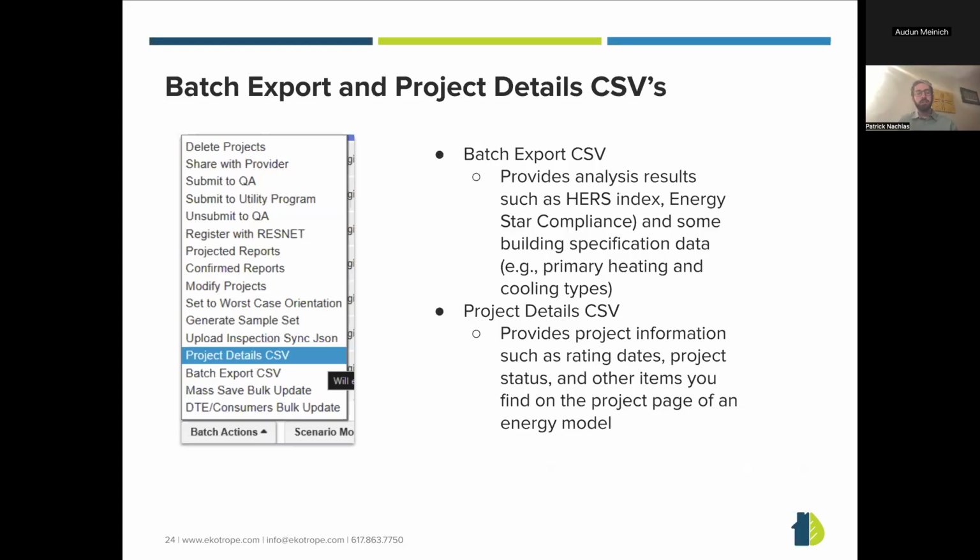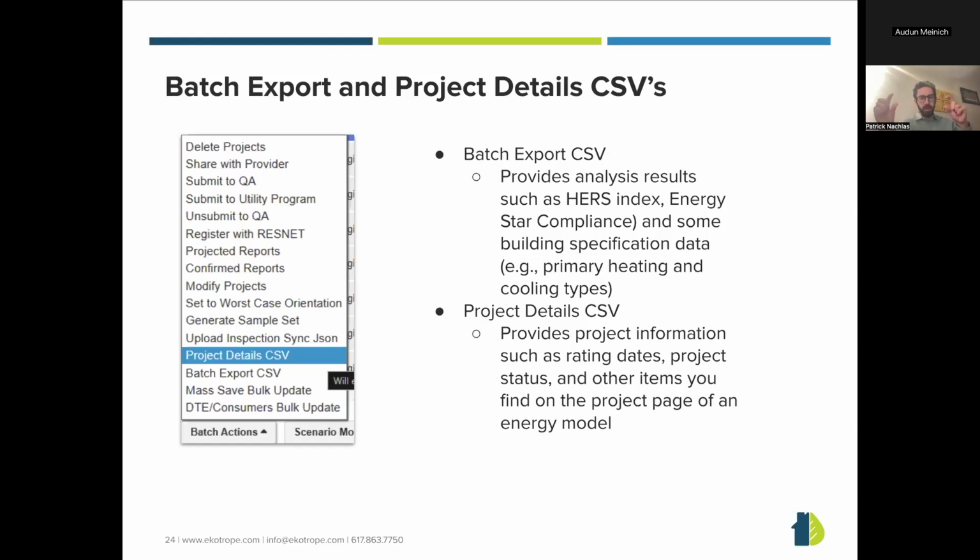So it'll have the address information, the rater of record information, the utility, field, rating dates, all that kind of high level project info. Another useful tool about the project details CSV, if you just create a filter in the My Projects page, like let's say I said builder, DR Horton, state, Texas, status unregistered, and I wanted to just pull all of those projects.